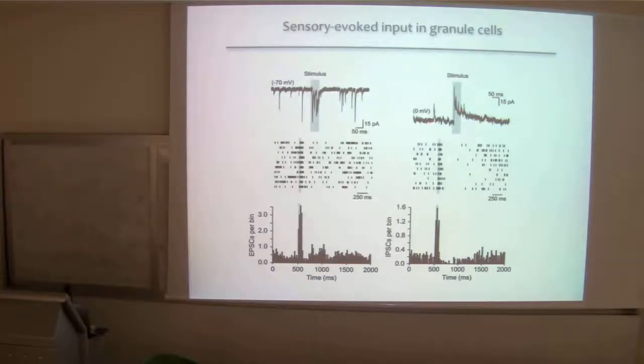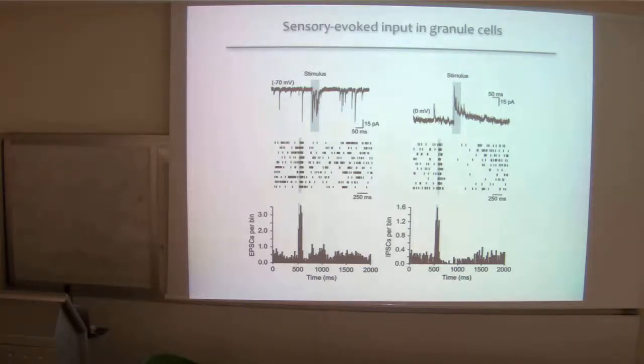In some cells, and this is another body of work I'm not going to go into, once you give this brief sensory stimulation, the activity of Golgi cells actually shuts down. This has been documented before, so you get a decrease in the spontaneous IPSCs in this cell. It was pretty much every cell that we recorded from, and we couldn't find cells where you would see only the phasic IPSCs, or only the slow spillover inhibition.